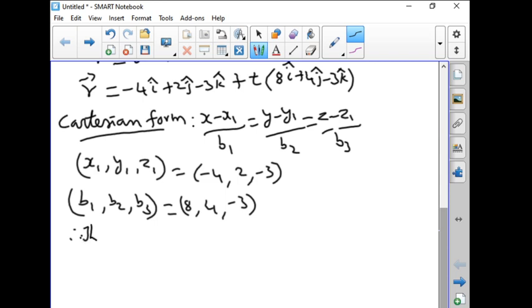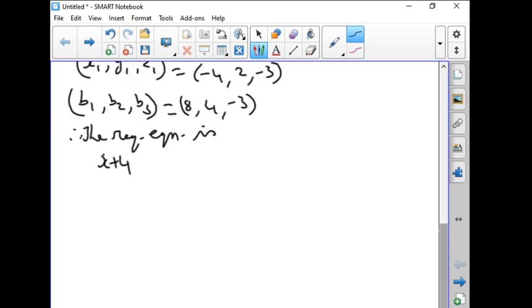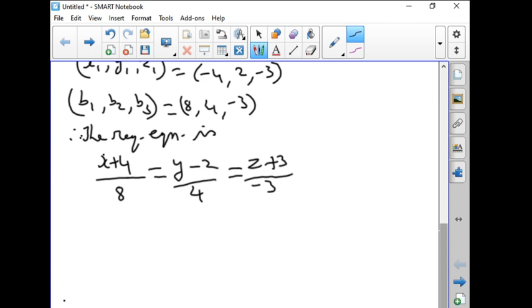Therefore, the required equation is (x + 4)/8 = (y - 2)/4 = (z + 3)/(-3). So this example is over.